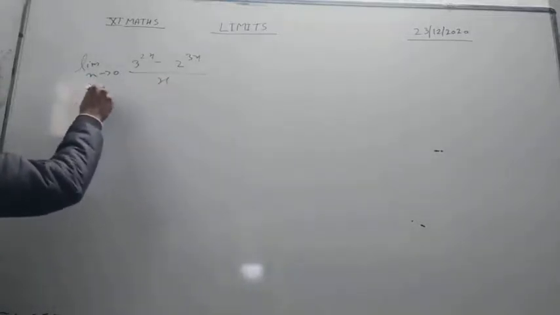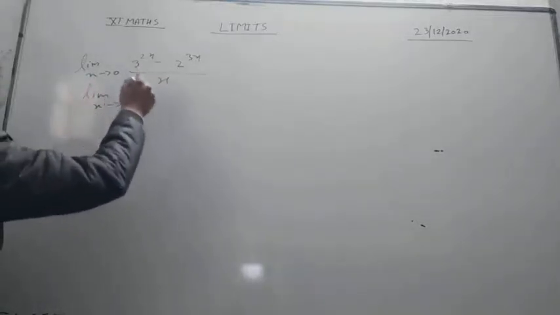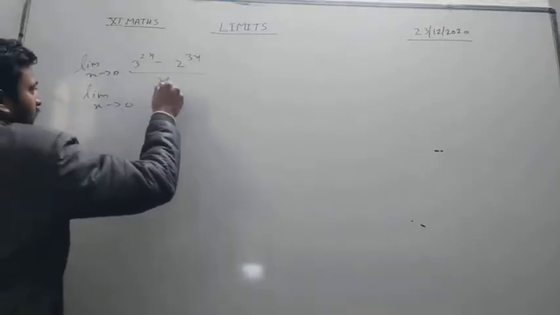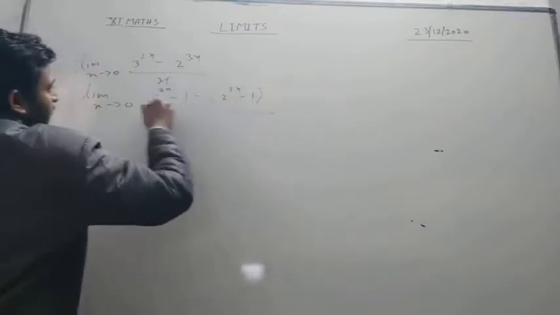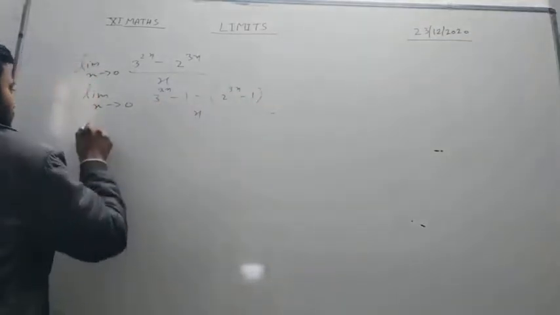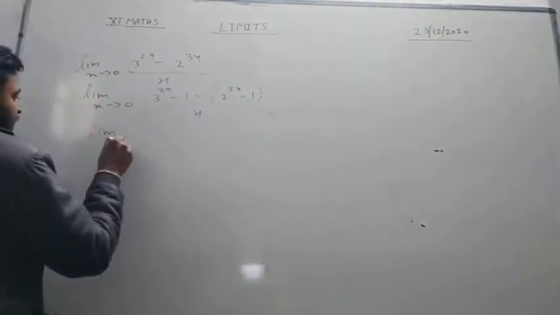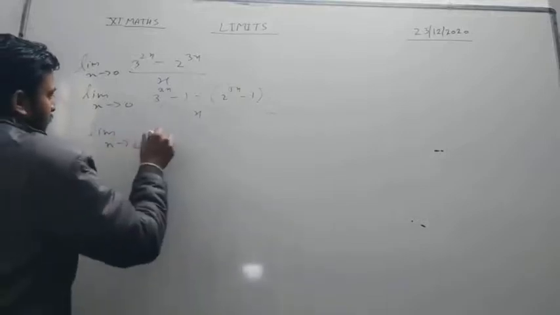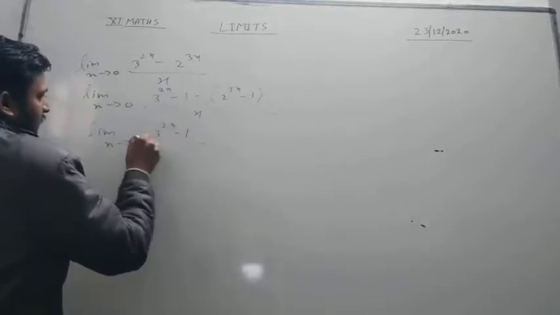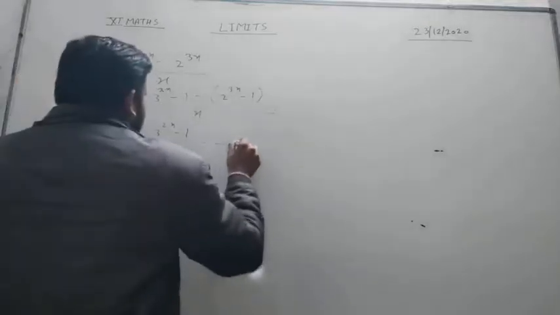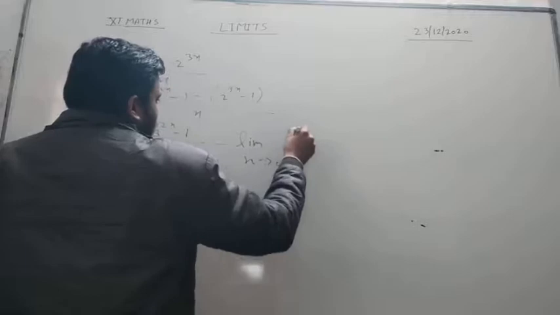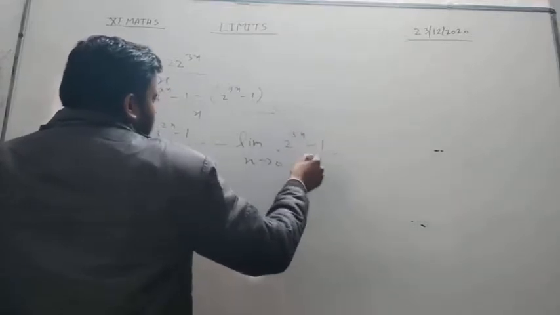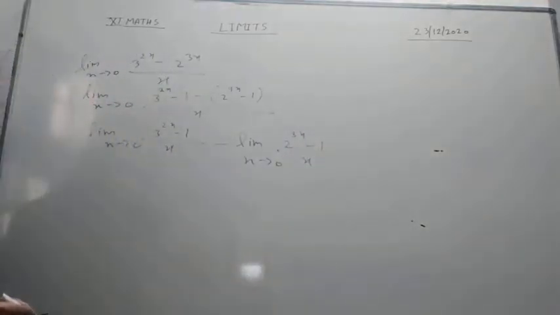So limit x tends to 0, 3 to the power 2x minus 1 minus 2 to the power 3x minus 1, we can write. Okay student. So limit x tends to 0, 3 to the power 2x minus 1 by x, minus limit x tends to 0, 2 to the power 3x minus 1 by x. We are separating this with the limit. Okay student.